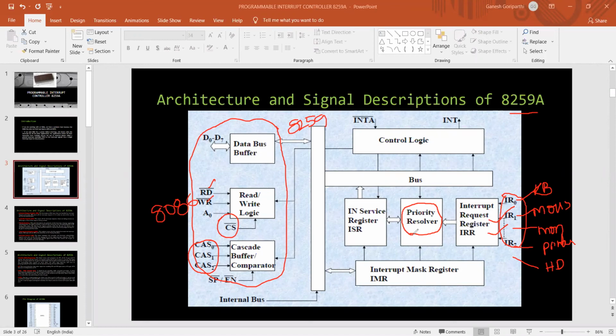We have such a circuit in this particular chip, and that block is called the priority resolver. So out of all these interrupt requests collected by the IRR, those signals will be checked by priority. Which is the highest priority out of all these?